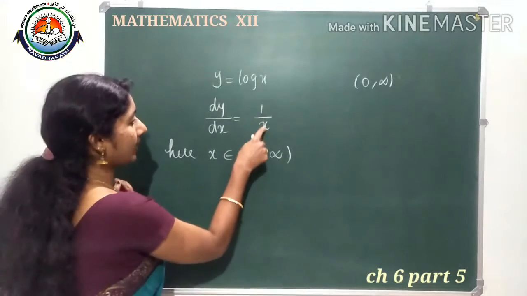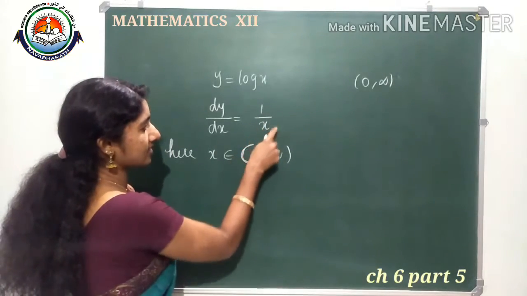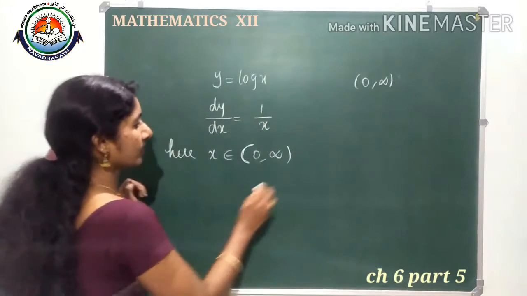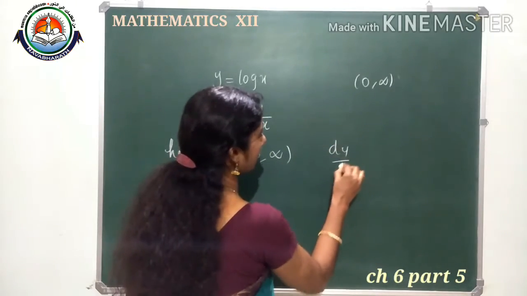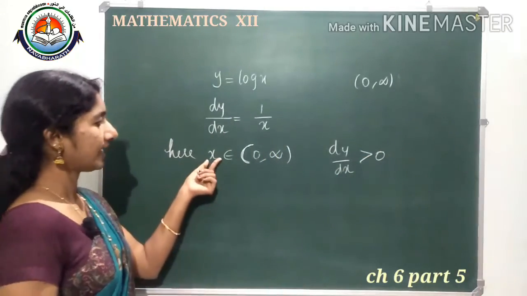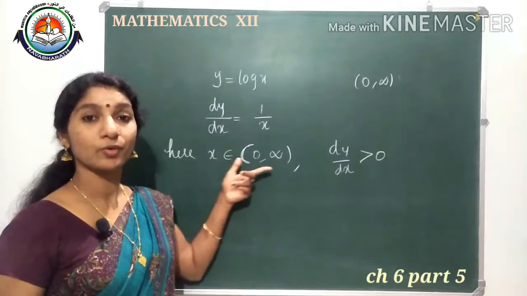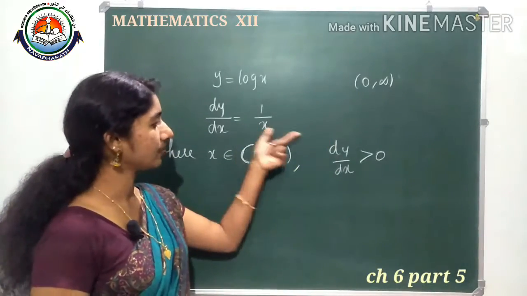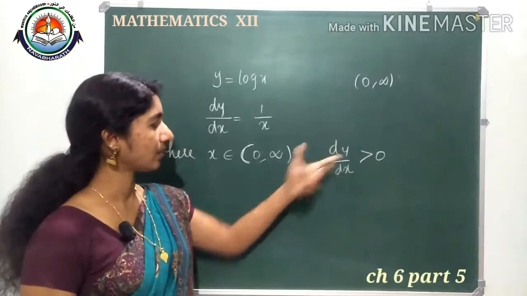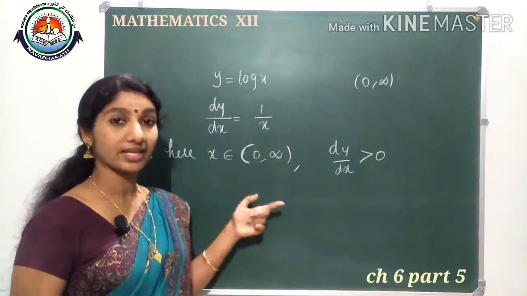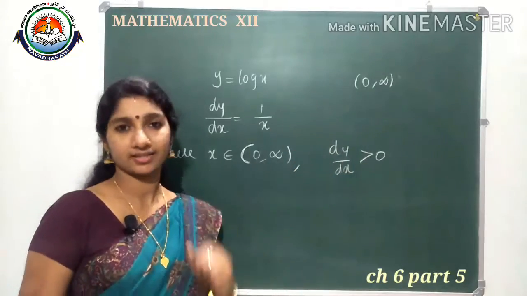When you give x as any positive real number, 1 by x is always greater than 0. So dy by dx is always greater than 0, because x is a positive real number.